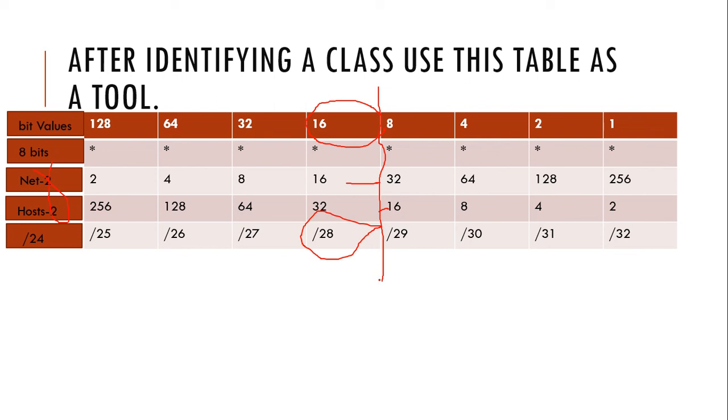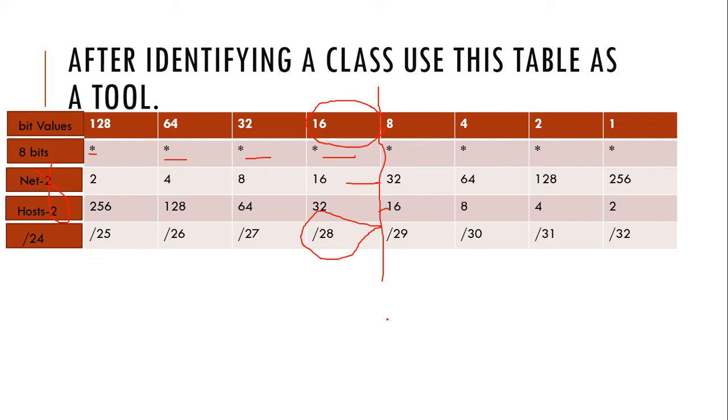It's the only thing on my right. Okay, then if they ask you how many bits we've borrowed, you just count 1, 2, 3, then 4 until you reach your line.